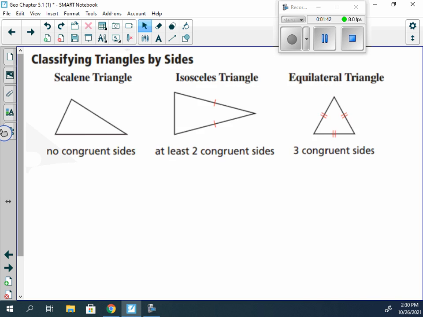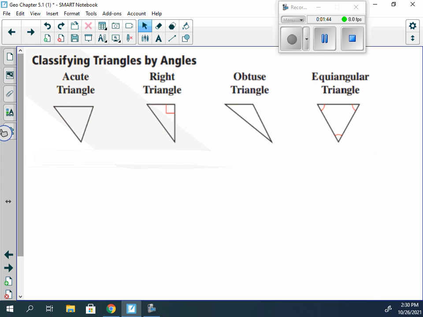That'll be dealing with isosceles triangles. Now, if a triangle is acute, it has what? Three angles that are acute, or three angles that are less than 90 degrees. If it's a right triangle, it has what? An obtuse triangle would have?